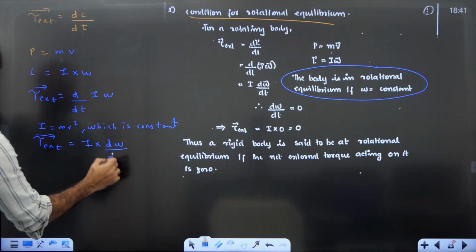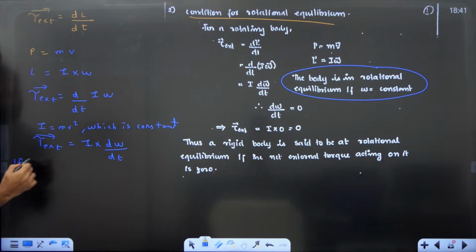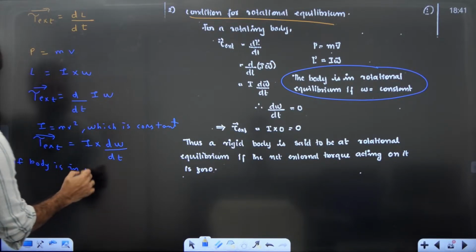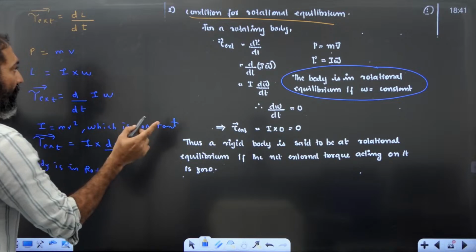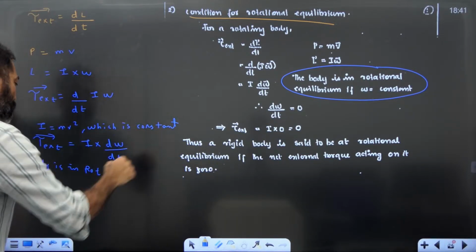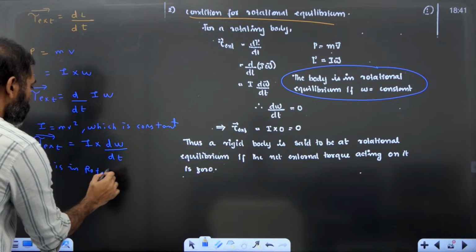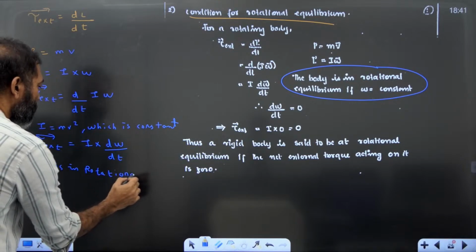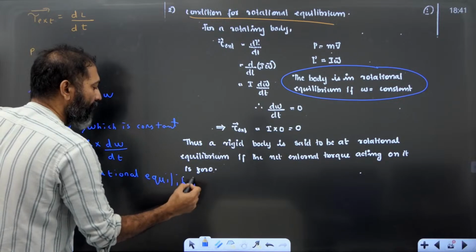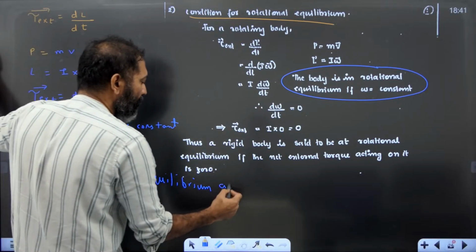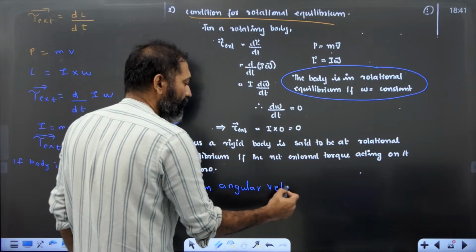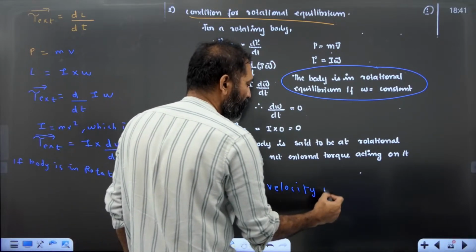In translational equilibrium, velocity is constant; in rotational equilibrium, angular velocity omega is constant.